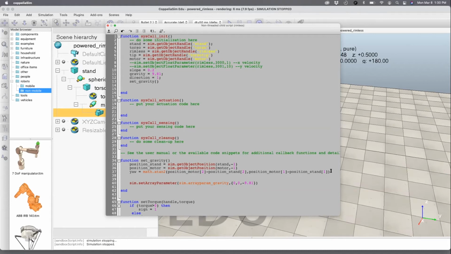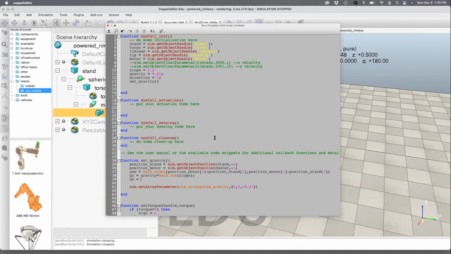So for gravity, just referring to the notes, gravity is given by gz equals gravity, which I wrote down as 9.81, so I just use that, times math.cosine of slope. So that takes care of the y z component.